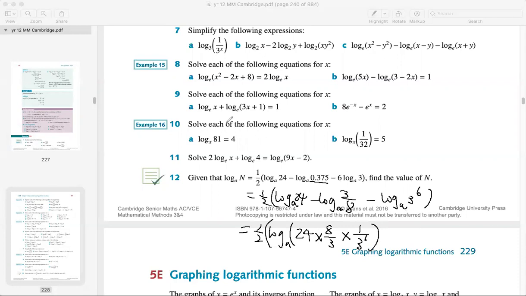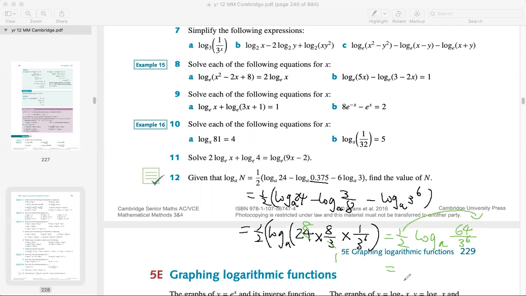Then let's do some simplification here. So there is 1, there will be 8, and that's it. So it's just going to be half log a, then 64 over 3 to the power of 6.